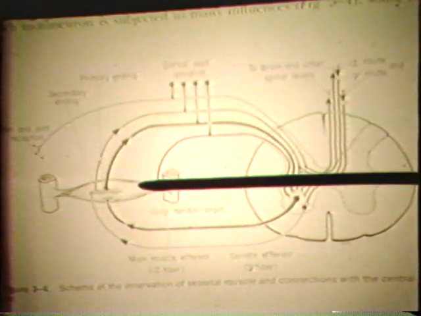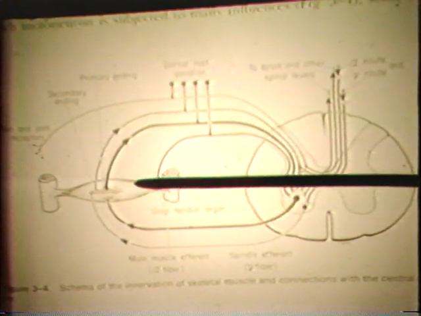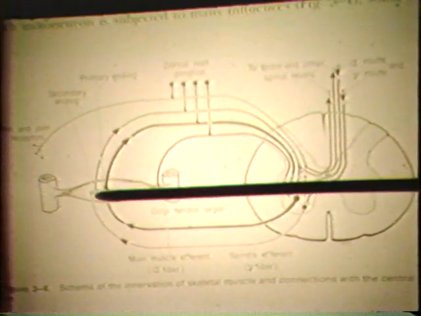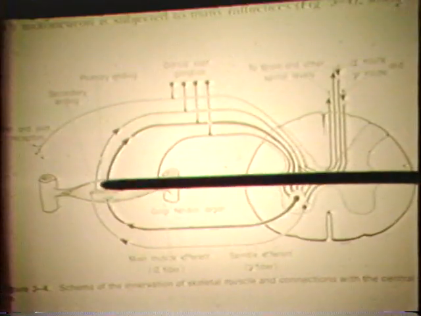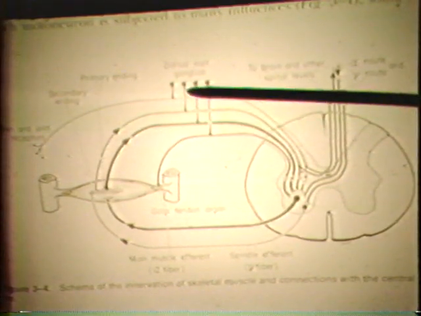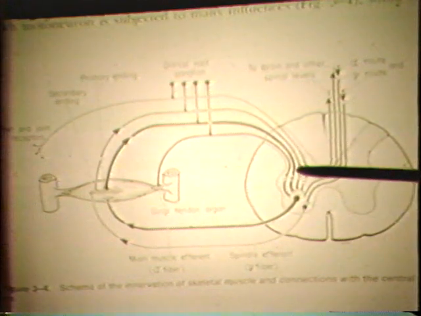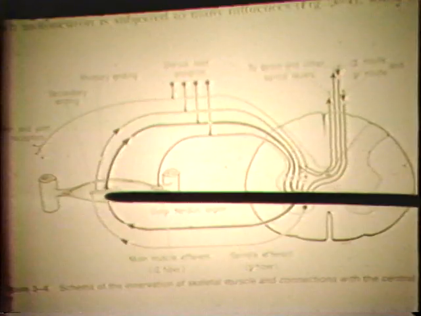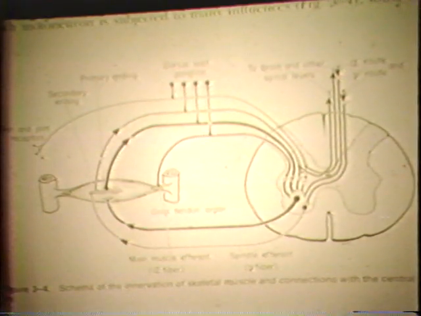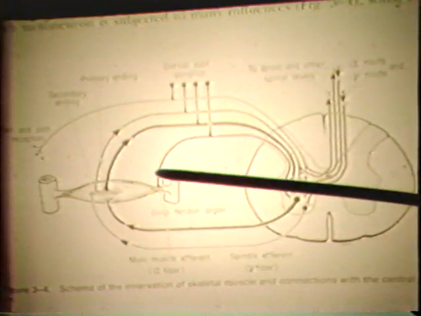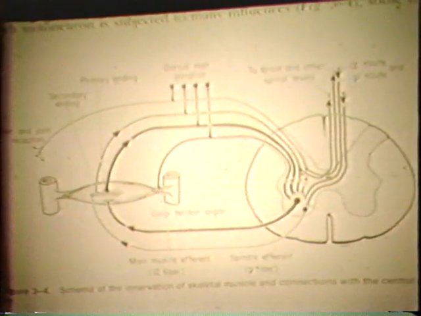Then only the slightest amount of change in length of this muscle will cause a firing of this muscle spindle, and it will then progress through the dorsal root ganglion and into the ventral horn to the alpha motor neuron, again causing reflex muscle activity as a protective mechanism to protect the muscle from elongation.